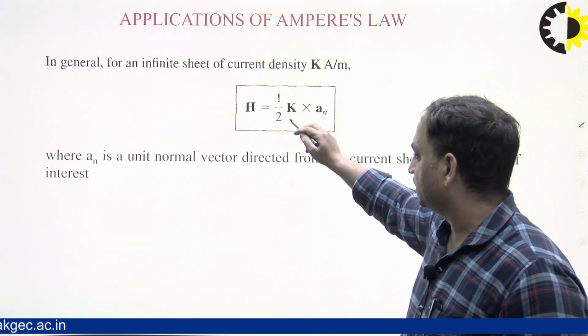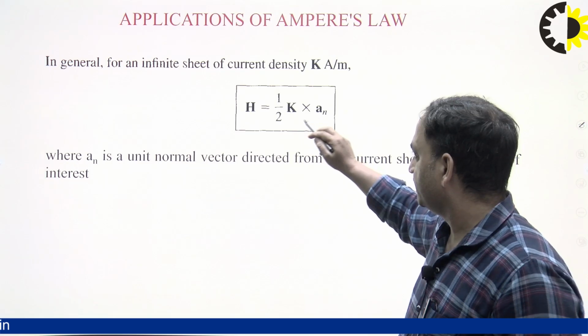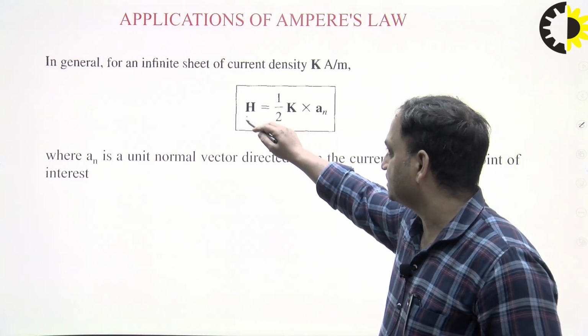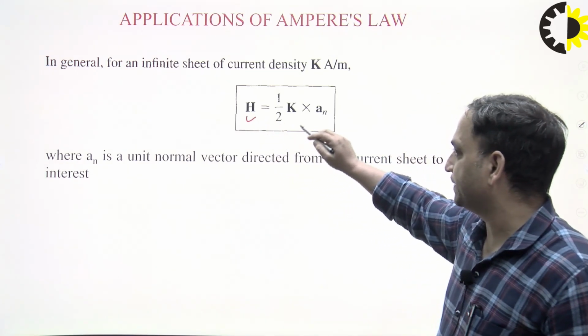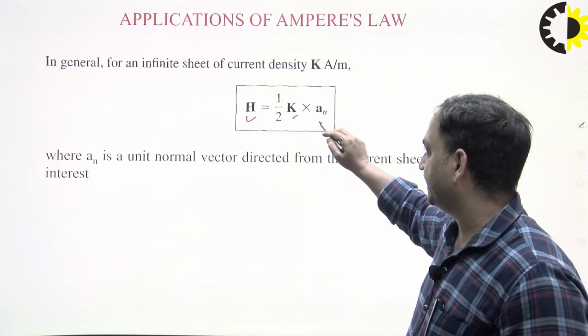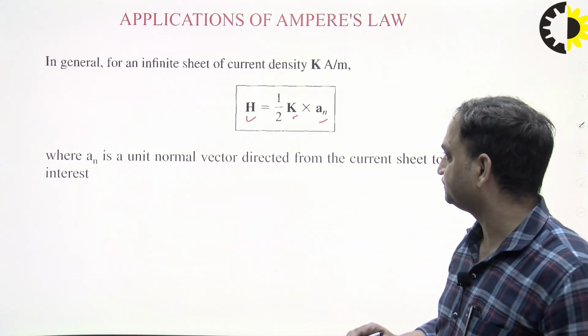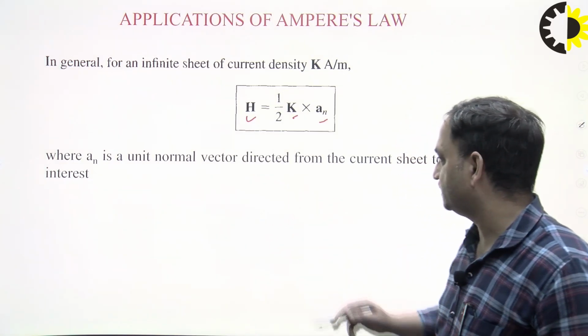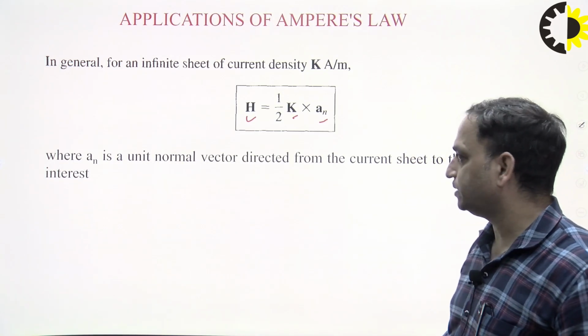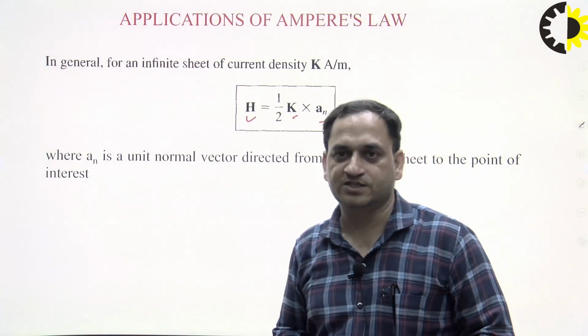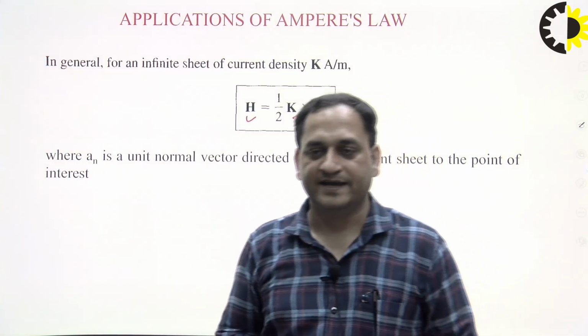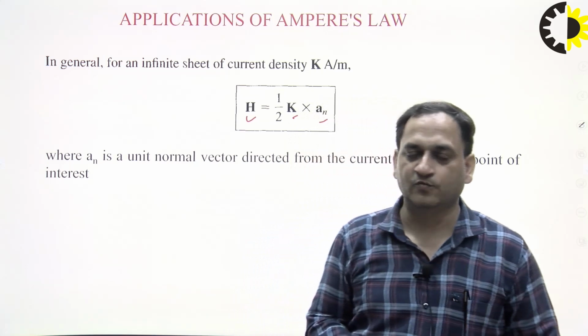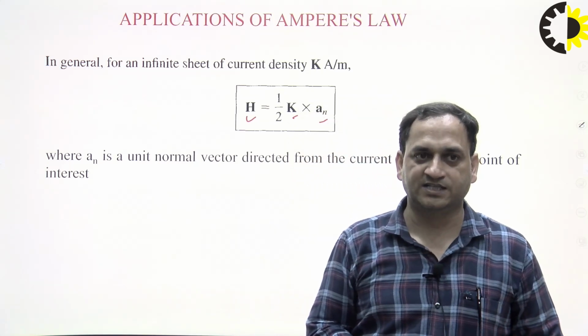Okay, so what is the direction of H? H will be perpendicular to K and aN, right? aN is a unit normal vector which is directed from the current sheet to the point of interest at which we want to find the value of H. So this is the way we can calculate the value of H.